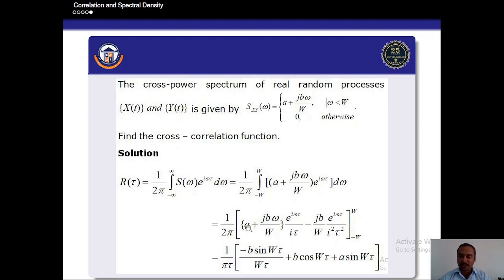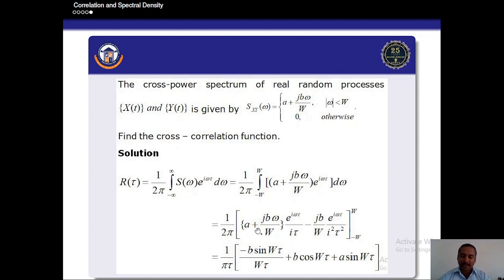So this is the u term, its integration e power i omega tau with respect to omega, the coefficient is 1 by i tau, then minus its differentiation with respect to omega, divided by W, into e power i omega tau divided by i square tau square. The limit varies from minus infinity to plus infinity.